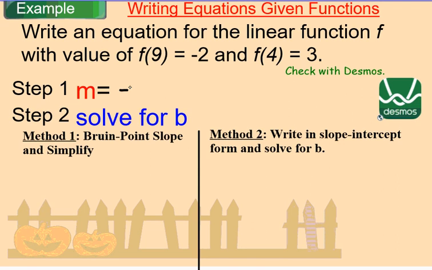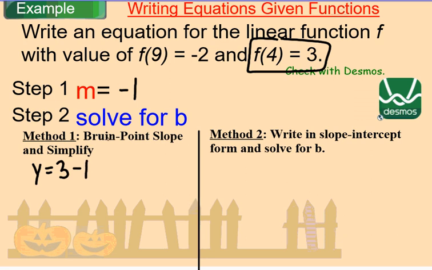I found my slope is equal to negative 1. And then I can either do point slope and simplify, or I can write in y equals mx plus b and solve for b. I'll show both right here. So point slope and simplify. I would say that my y coordinate, doesn't matter which point I choose. I can use either one. Maybe I'll use the second one. My y coordinate for this point is 3.